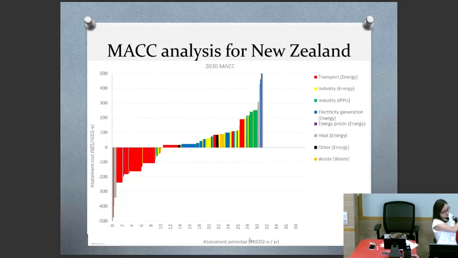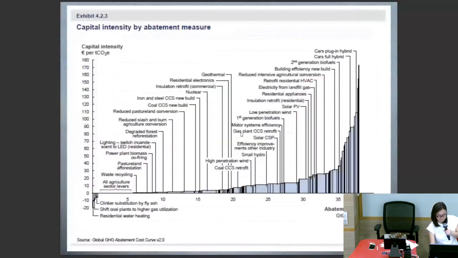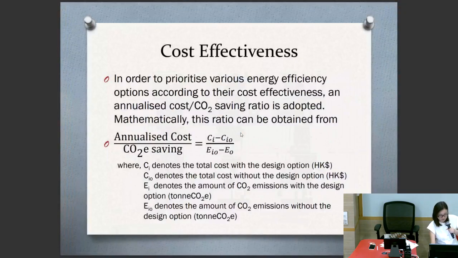So by using this cost curve, the government will be able to predict how much carbon dioxide can be reduced and what the cost implications are. And for the rest, if the government needs to reduce more carbon, then probably they need to invest more money into the projects. Just some more examples, maybe for your reference.